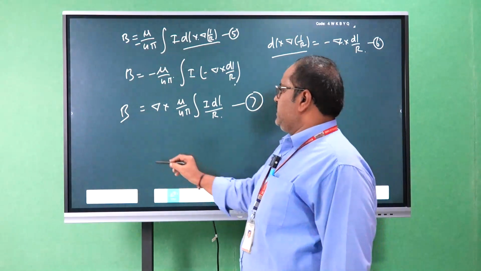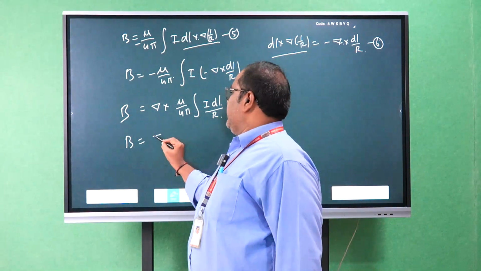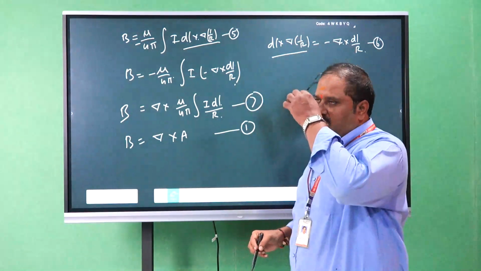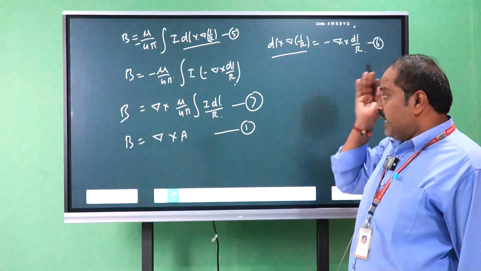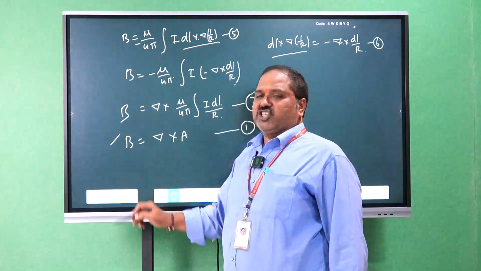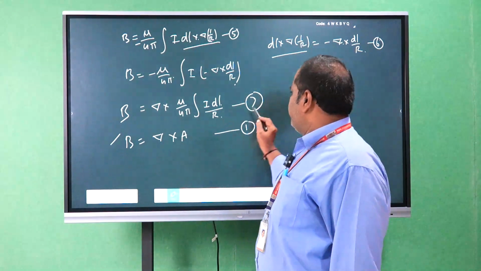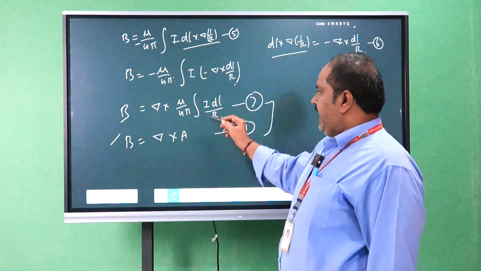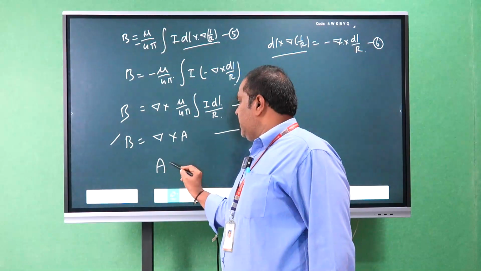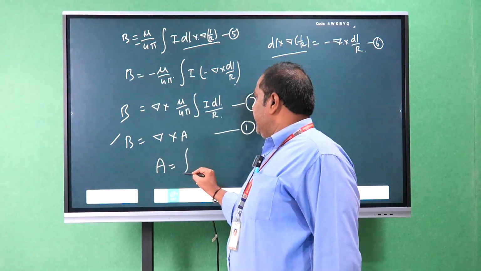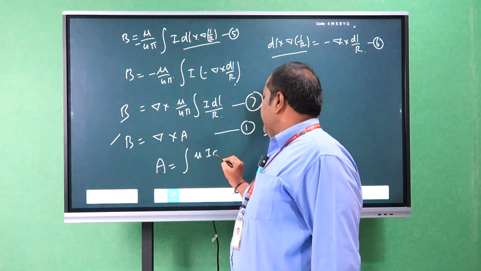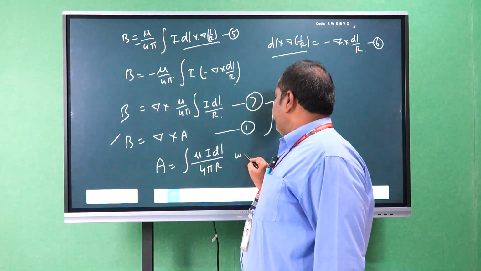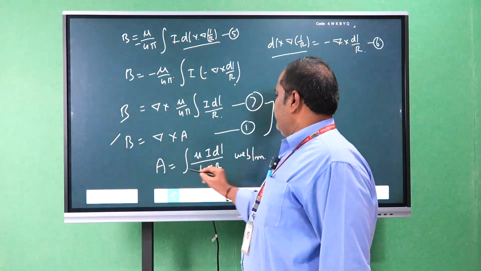The first equation is B equal to del cross A, equation number 1. Therefore, the curl of vector magnetic potential A gives the magnetic flux density B. Comparing equations 7 and 1, the vector magnetic potential A is equal to the integral of mu I dl by 4 pi r, Weber per meter. It's very, very important.